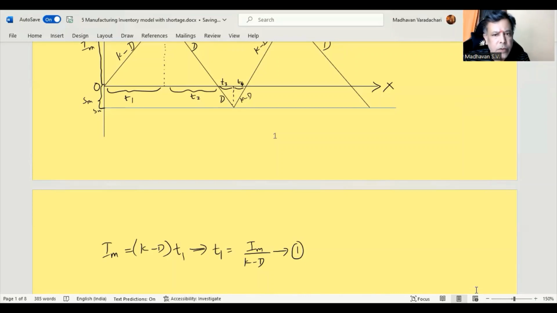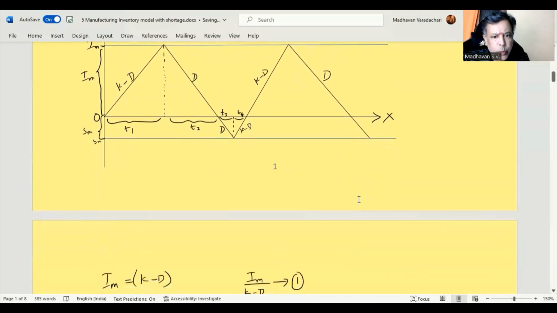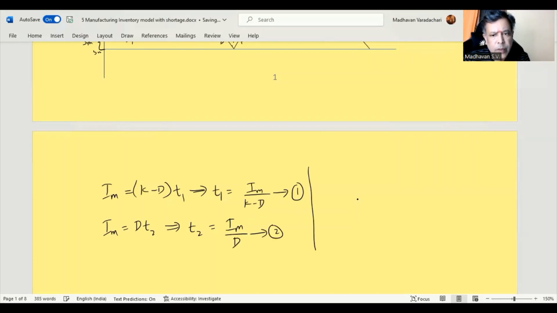And then we can also say Im in terms of D as D times T2. So Im can be represented as D times T2, which means our T2 will be Im divided by D. Let us consider that as equation 2.